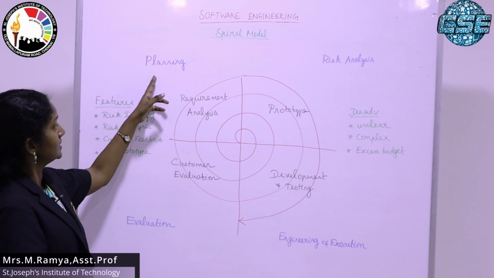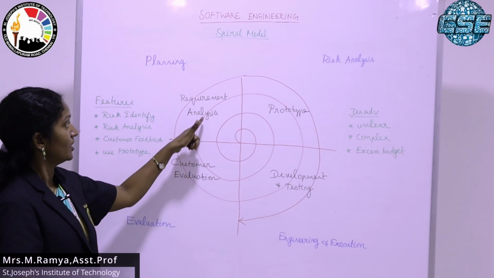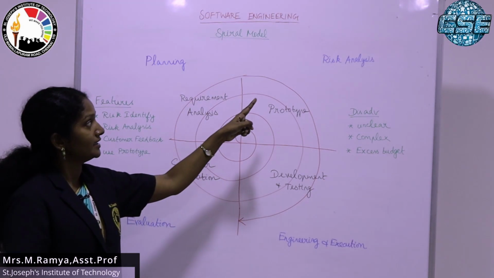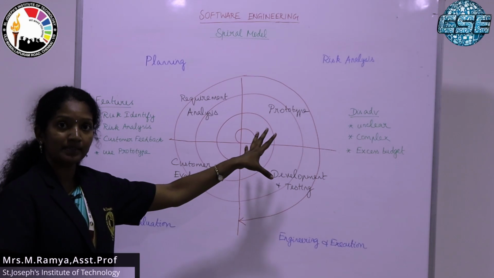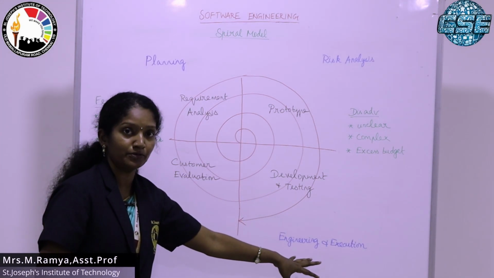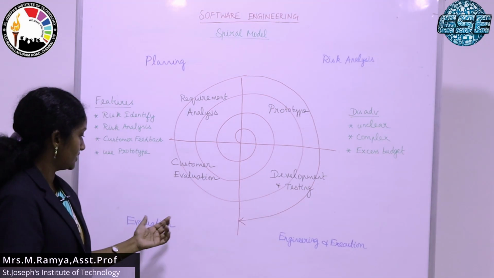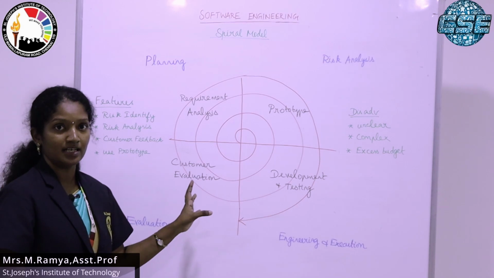In the planning phase, the requirement and analysis take place. In the risk analysis phase, the prototype is created. In the engineering and execution phase, development and then testing is done, and in the evaluation phase, the customer evaluation is done.